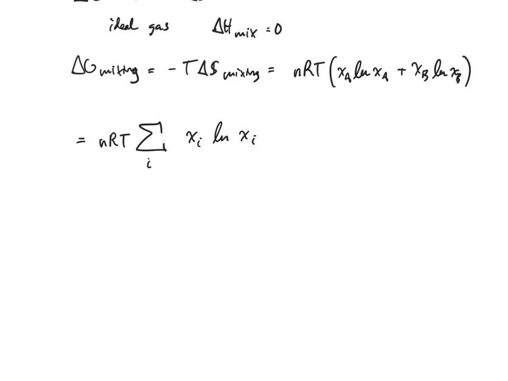And lastly, I just want to show you what that looks like. I'm going to have a plot here, where down here I have the mole fraction of one of the components, say it's A. If I've got 0, then that means it's purely other stuff. There is no A whatsoever.